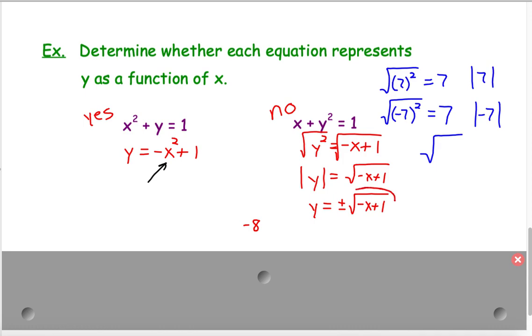Then when I evaluated this, I would get the square root of positive 8 plus 1 is 9, which is 3, and then I have plus or minus out in front of that. So I can have -8 getting mapped to 3, but I could also have -8 getting mapped to -3. And so therefore, since we have an element in the domain that's getting mapped to two different elements of the range, it's not a function.